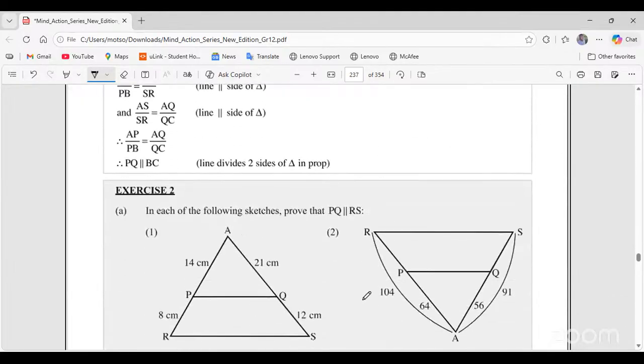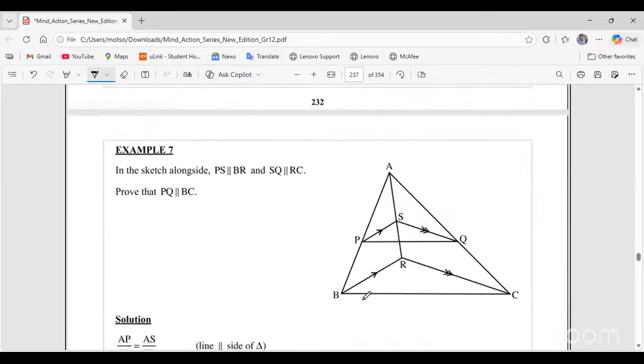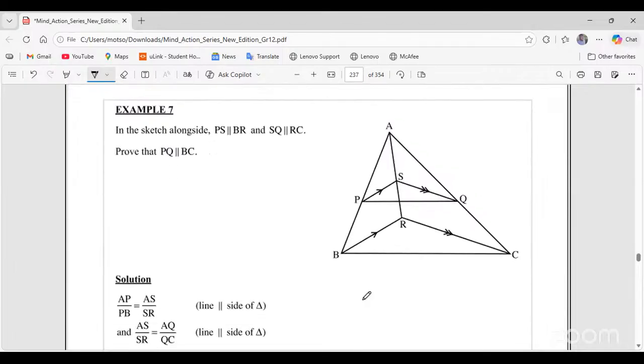Example 7, which is the last one of this lesson. They say in the sketch alongside, we are given that PS is parallel to BR. Therefore, if this line is parallel to that one, clearly the proportionality theorem is applicable on this triangle ABR.